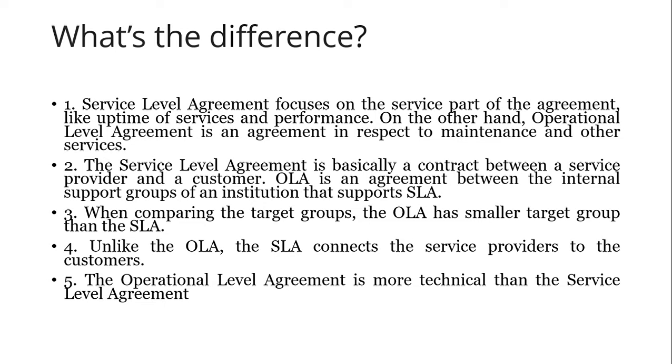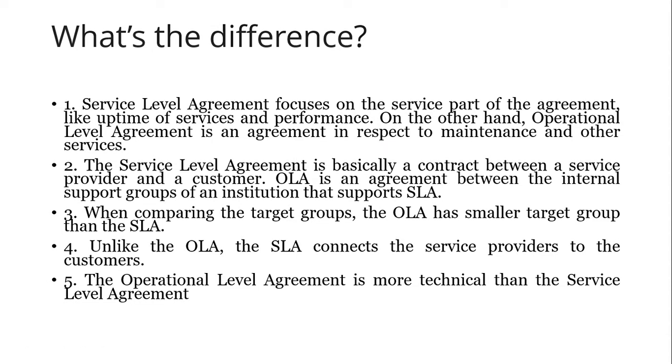So it gives you a clear picture. This is the uptime, service and performance, business as usual. When it comes to the operational level agreement, it is with respect to maintenance and other services.